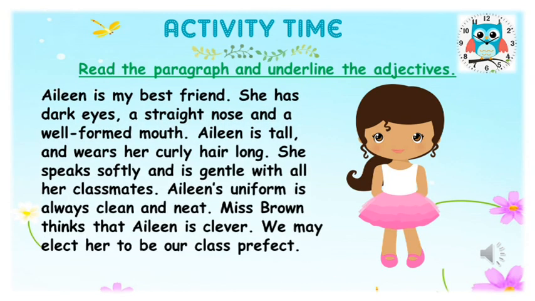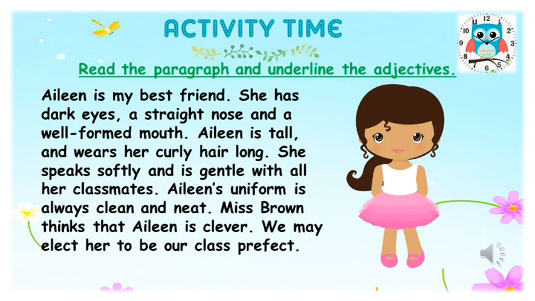Read the paragraph and underline the adjectives. Eileen is my best friend. She has dark eyes, a straight nose, and a well-formed mouth. Eileen is tall and wears her curly hair long.